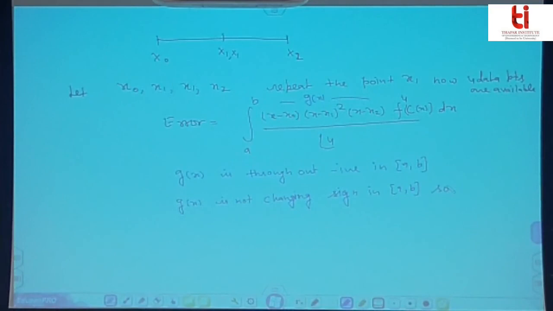So apply the weighted mean value theorem. What we are getting is the error: f4(c) upon factorial 4, integral from x0 to x2 of (x minus x0)(x minus x1) whole square (x minus x2) dx.